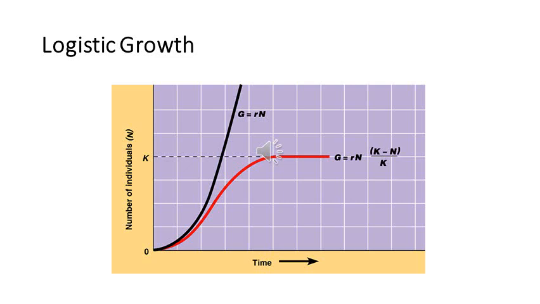The red line shows the logistic growth, which flattens after reaching the carrying capacity. At the carrying capacity, the population does not grow anymore, and the population growth rate is reduced by a factor of carrying capacity. So G equals rN multiplied by K minus N over K, where K minus N over K accounts for the carrying capacity of the environment in which this growth is occurring.